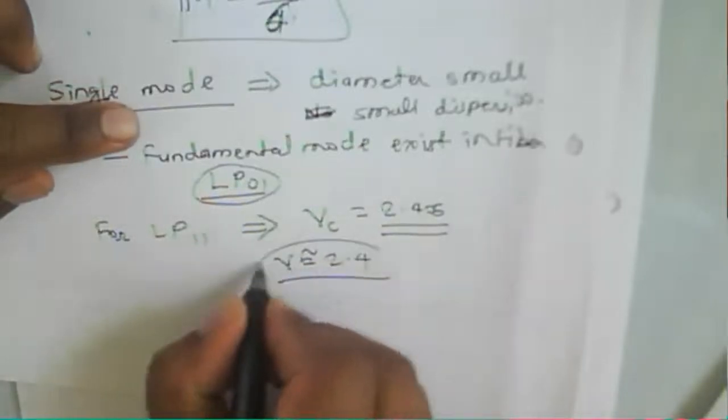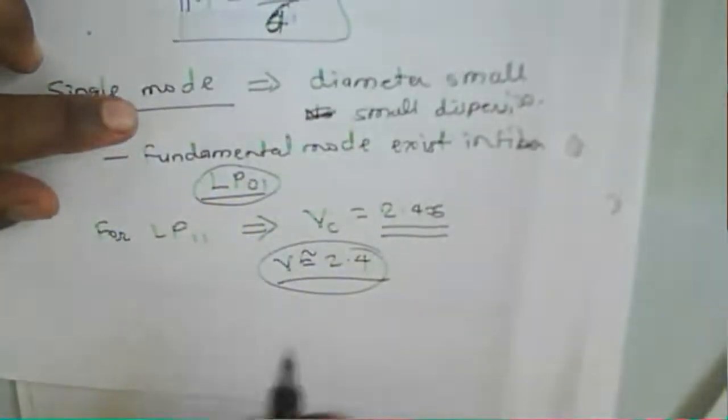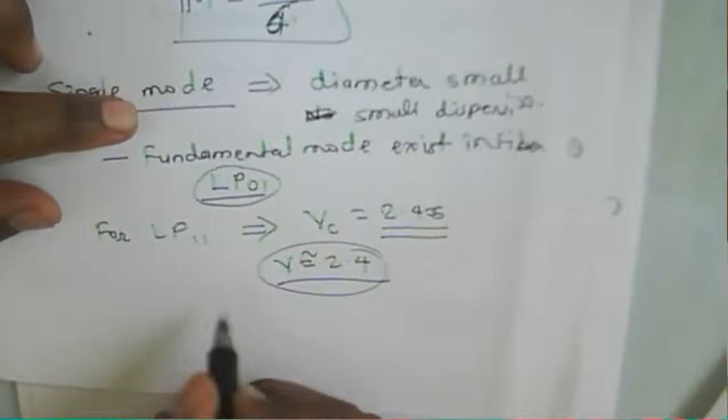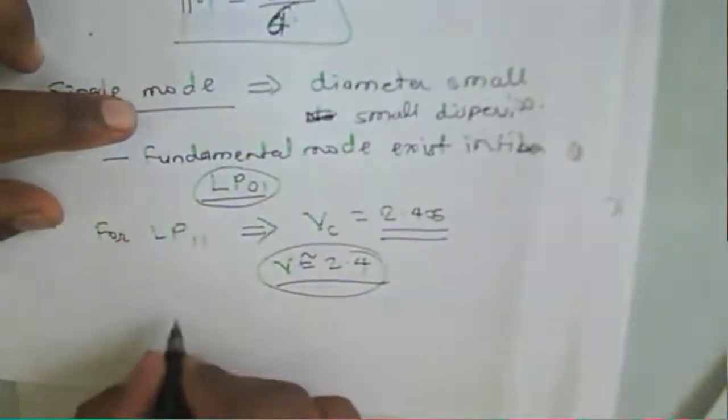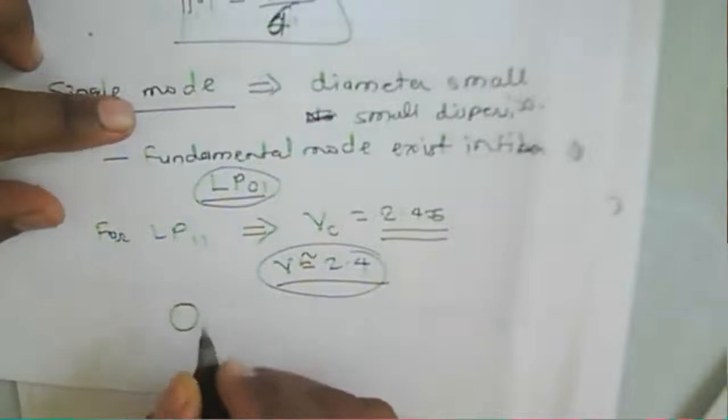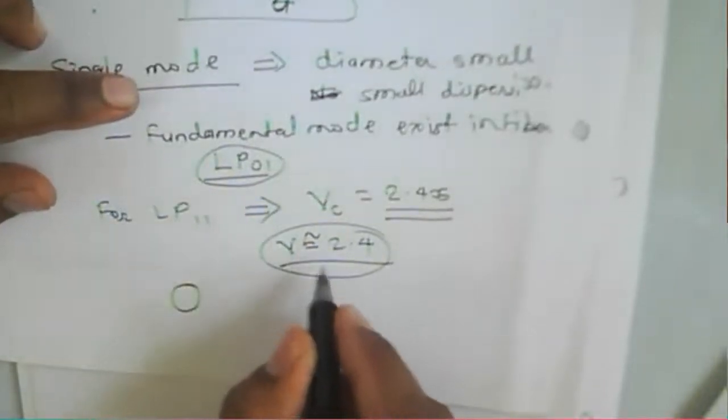And this normalized frequency can be adjusted by reducing the core diameter. It means if we reduce the core diameter, then V can vary.